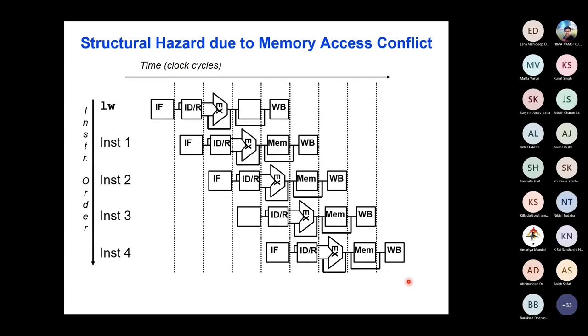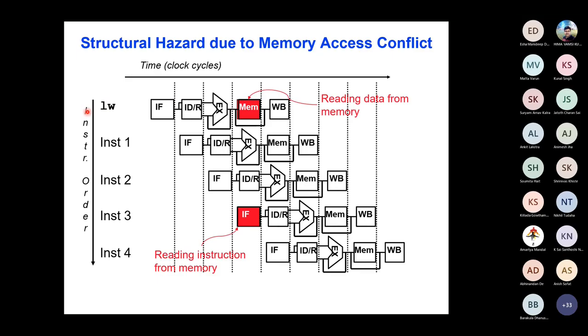Structural hazard is a very simple example here. Let us consider these 5 instructions which enter the pipeline. Just look here that this load is accessing memory in the 4th clock cycle.